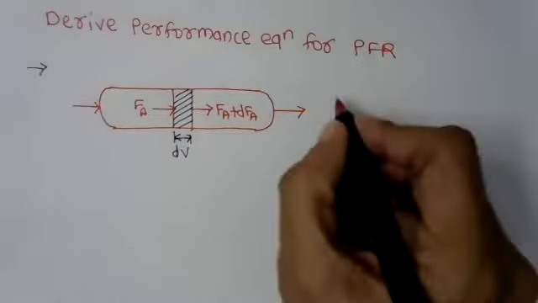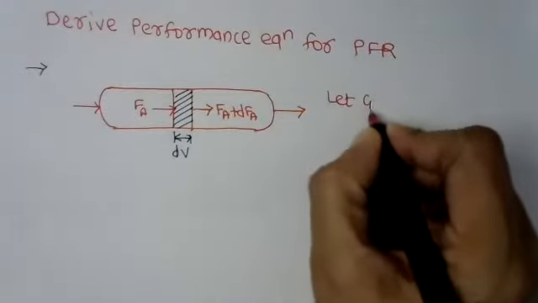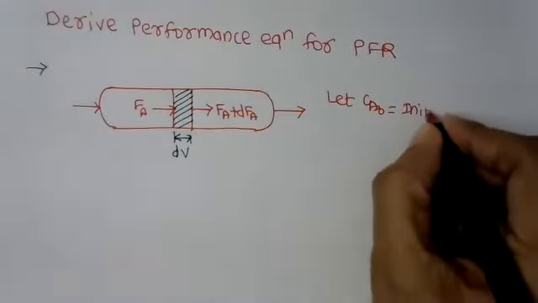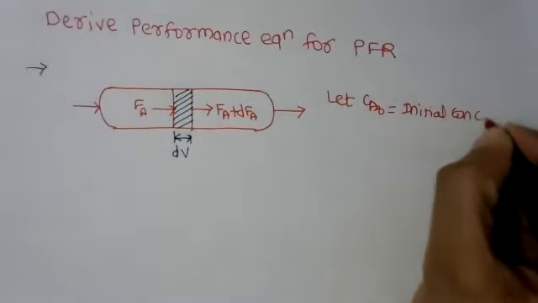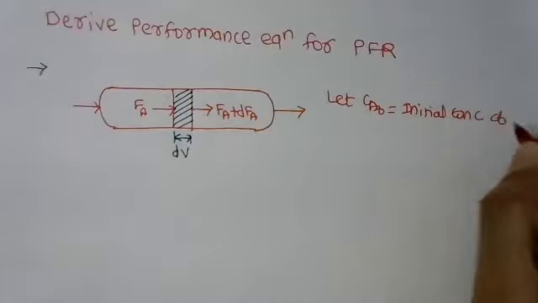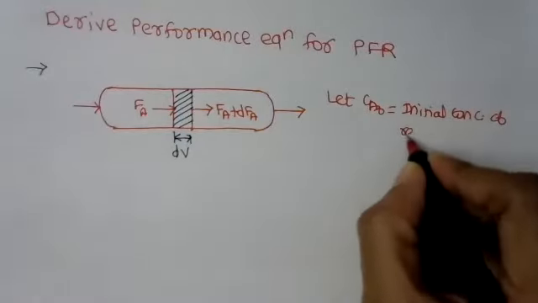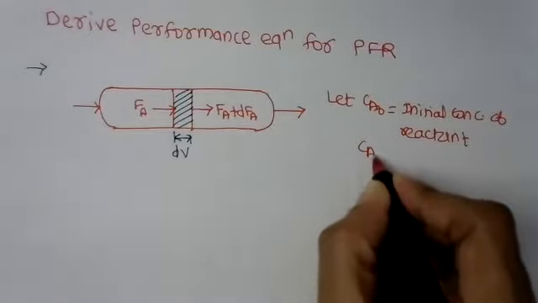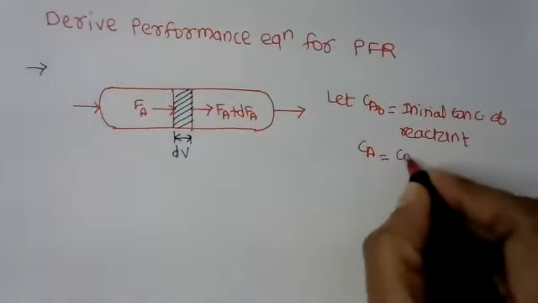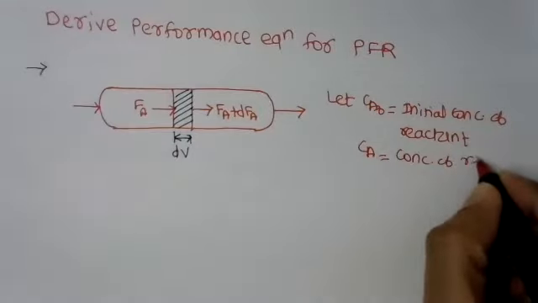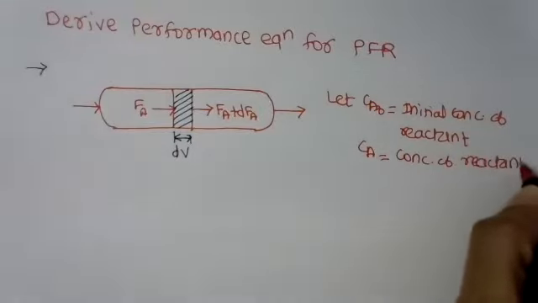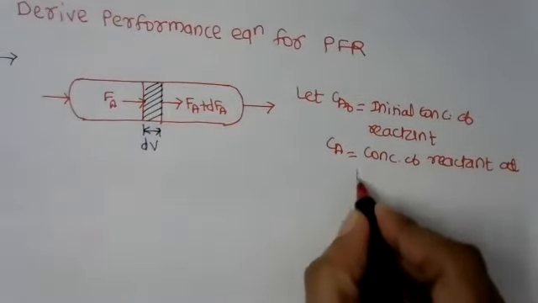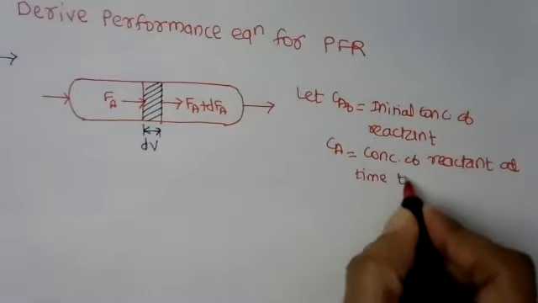So let Ca0 be the initial concentration of reactant, and Ca be the concentration of reactant at time t.